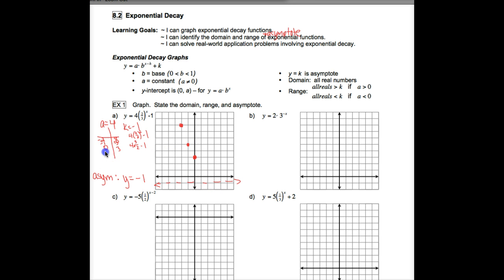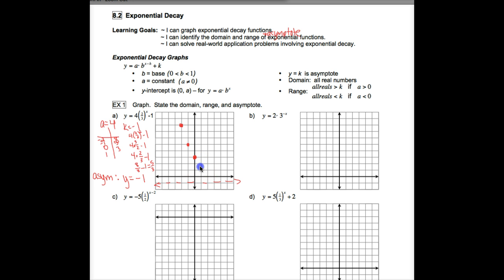So when x is 1, then I've got 4 times 2/3 minus 1. 4 times 2/3 is 8/3, and if I take away 1, that's taking away 3 over 3, so I get 5/3. 5/3 is like 1 and 2/3.